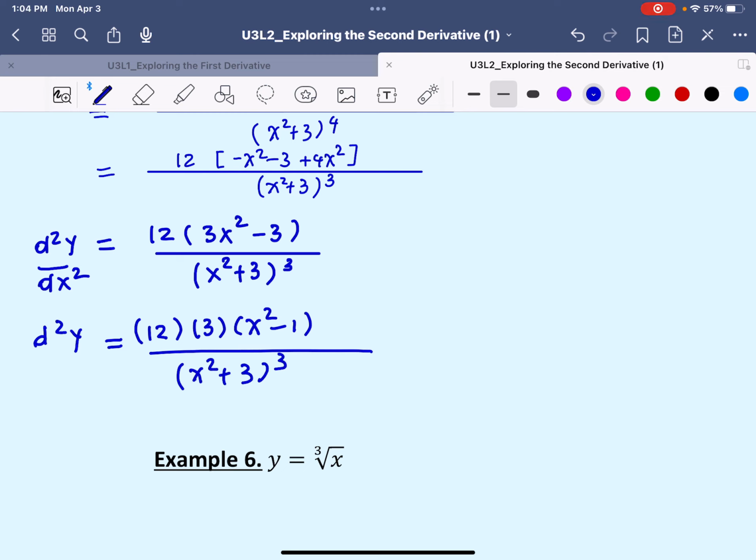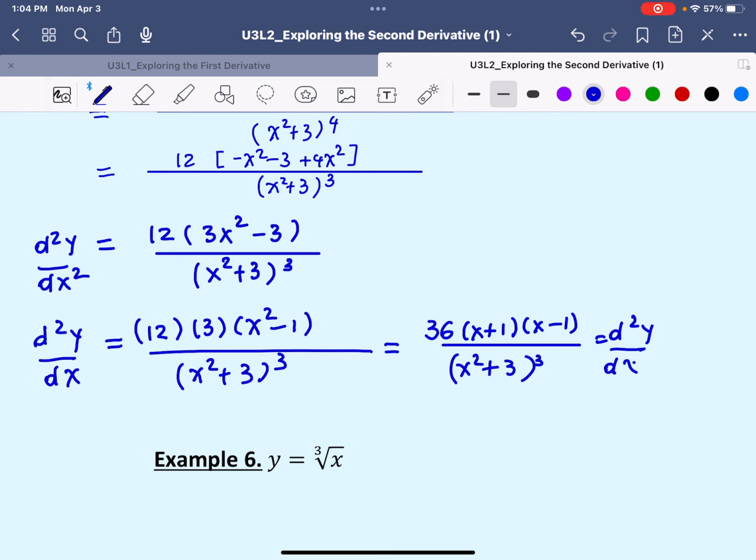And here we go again, one more step. We'll combine the 12 and the 3. So we'll have 36 (x plus 1)(x minus 1) over (x squared plus 3) to the power of 3 equals the second derivative of this function. So I will box this up because we're going to work with it a little bit.